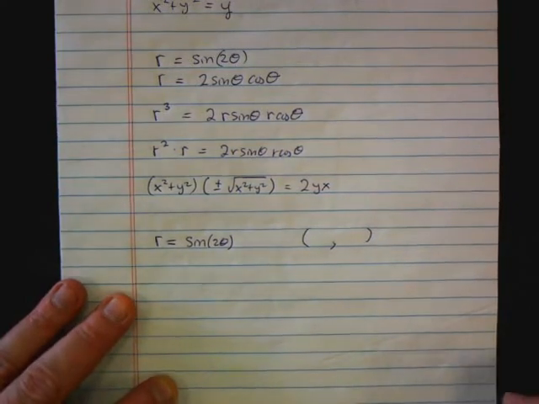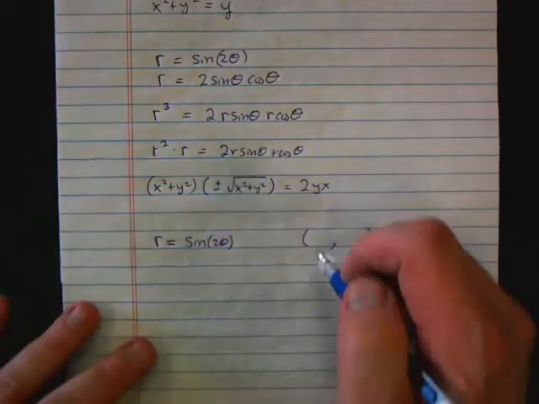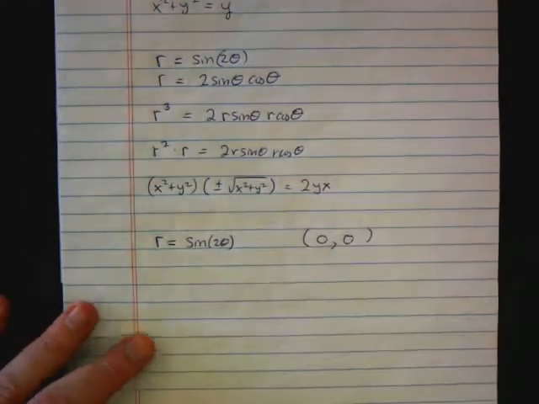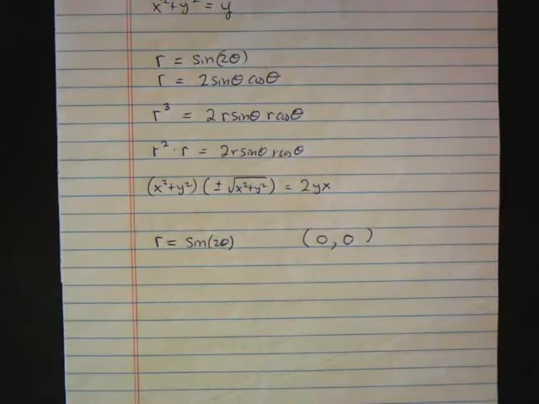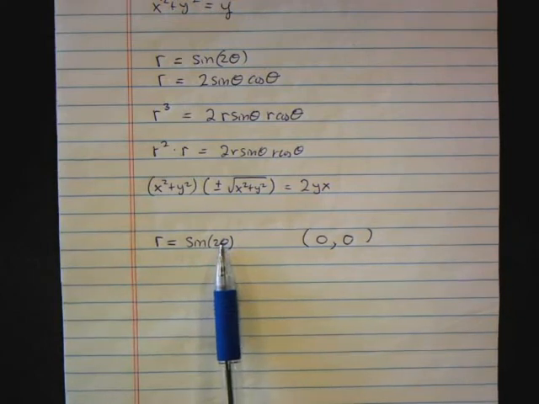I need a point on that graph. Somebody give me a point on that graph. I'll pick one. 0, 0. Why is 0, 0 on that graph? Because if my angle is 0, 2 times 0 is 0, sine of 0 is 0.